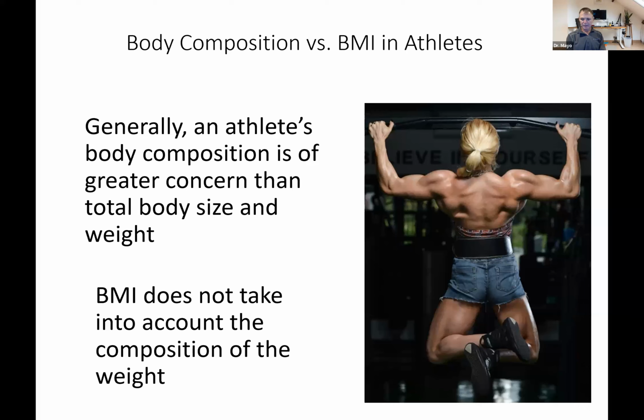Because what we know is that a higher BMI equals increased disease risk, for sure. So it's something to watch, but don't just get into a panic that, oh my gosh, my BMI is 30 or 35. If it's 50 or 60 or 70, okay, we've got some work to do, right?